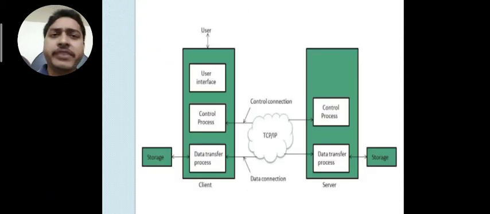Now see this figure. This figure uses TCP and IP together, because most of the time TCP and IP are used together. This is the user, and the user is using the internet, and this internet helps the user get connected with the server, the remote host.